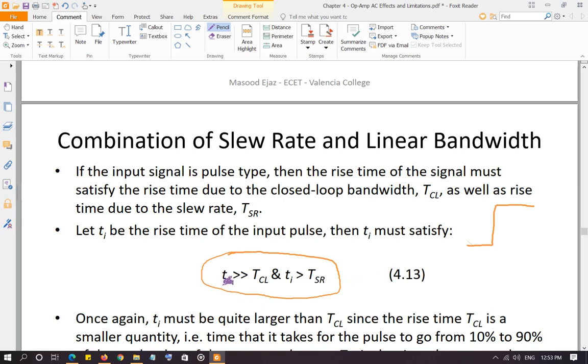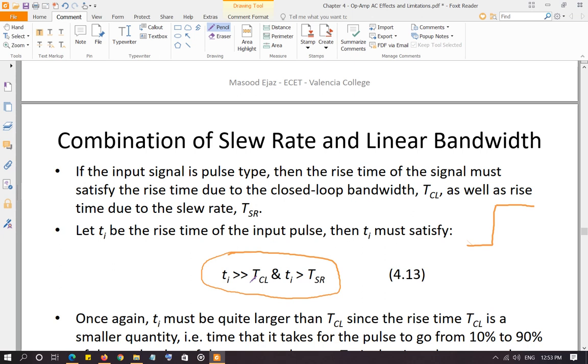So what are the conditions? Again, the input rise time Ti has to be quite larger than the rise time due to closed loop bandwidth. Why is it quite larger? Because the rise time due to closed loop bandwidth is smaller. Remember, it's from 10% to 90%, whereas the rise time due to the slew rate is the complete from 0 to the peak value, 0 to 100%.